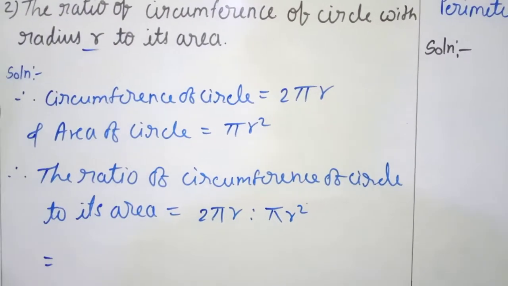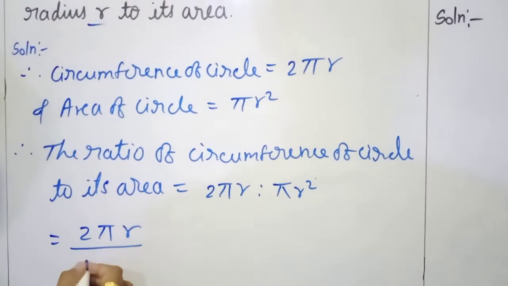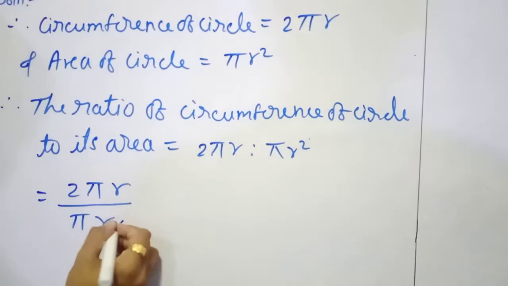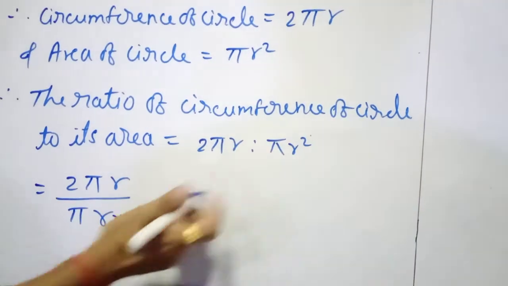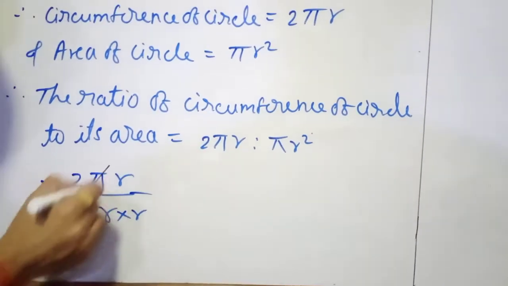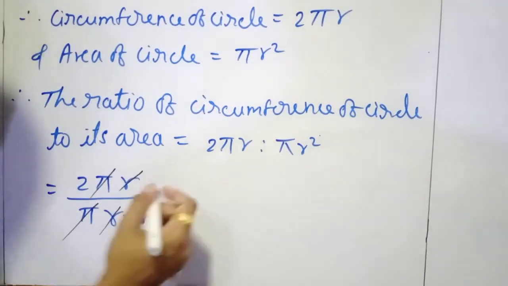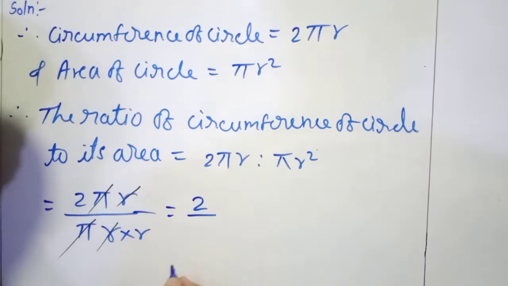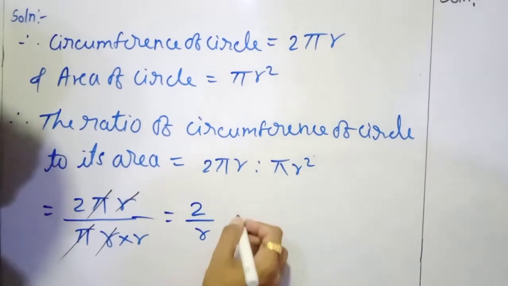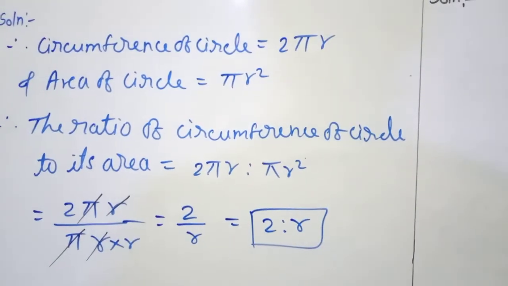That we write in the numerator and denominator form, 2 pi r and pi r square. Can we write r into r as r square? Yes. Now you can see pi cancels with pi, 1 r cancels with 1 r. So what will remain in the numerator, 2, and r in the denominator. So it will become 2 is to r, our answer.